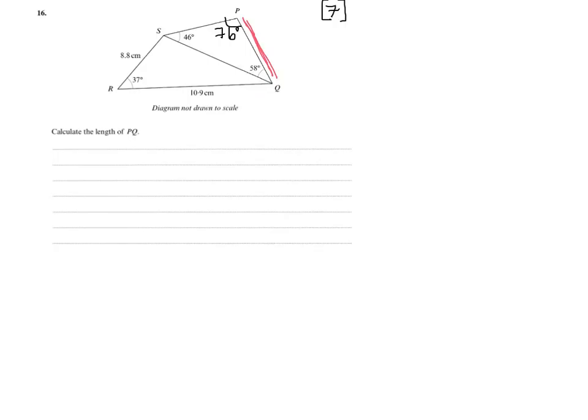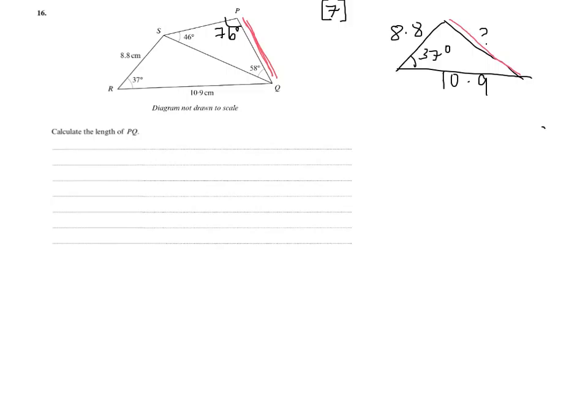If I separate out and redraw my triangle over here, this is 10.9, this is 8.8, this is 37 degrees, and this is the side that I want to work out. So I have 2 sides and an included angle, 2 sides and the angle between them, which means I'm going to be using my cosine rule.